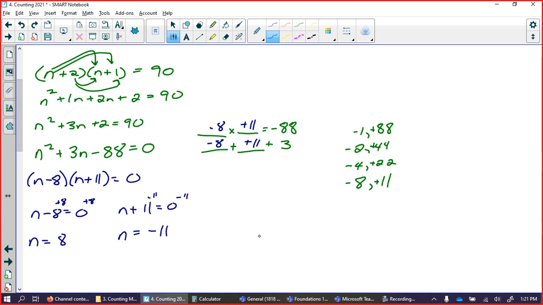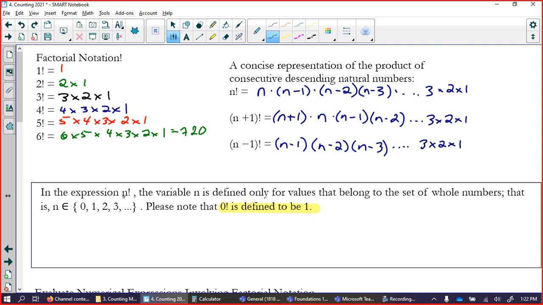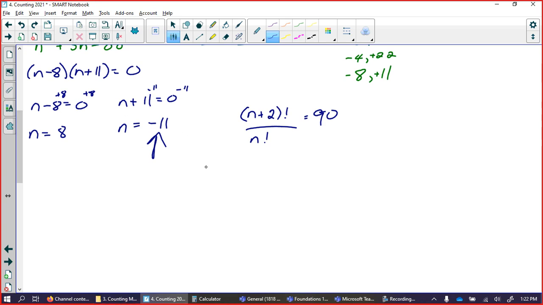If we go back to that original expression, which was n plus 2 factorial over n factorial equals 90, which one of these isn't going to make sense? Well, that one. Because if we go back to the definition of a factorial, the expression n factorial, n is defined only for the values which belong to the set of whole numbers. Is negative 11 part of the whole numbers? Nope.